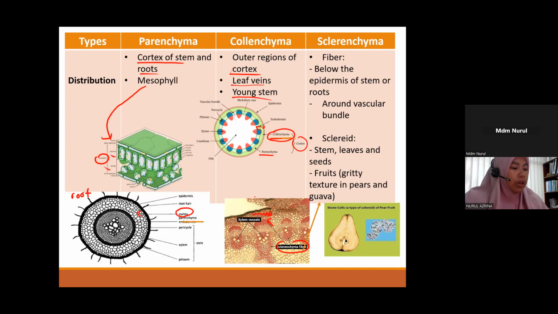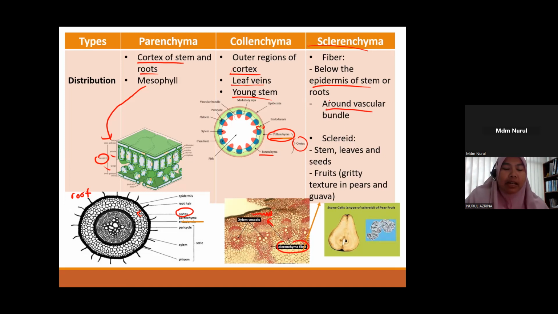And then next we go to the sclerenchyma. There are two types of sclerenchyma cell, fiber and sclerite. For fiber, you can see it is found below the epidermis of stem or roots. And also it can be found around the vascular bundle.